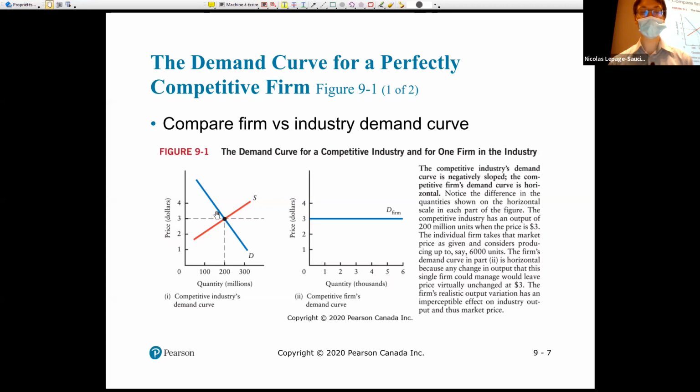It's just a tiny sliver of the demand curve. From the firm's perspective, whatever I do, I don't observe that people want to pay less. I just observe that they always want to pay the same. So that's why the price the firm faces is essentially fixed.